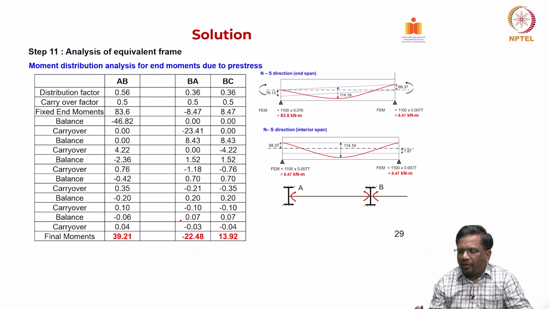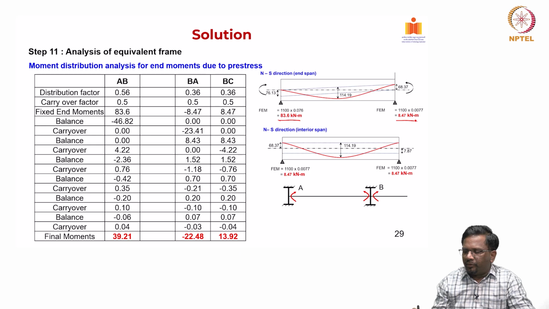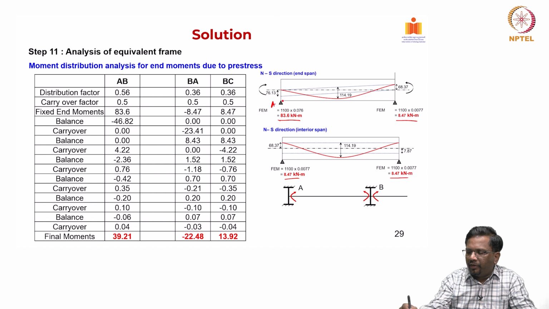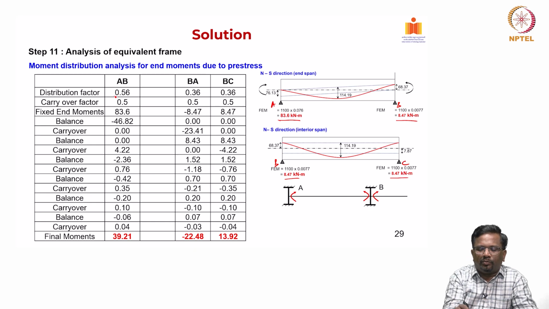Now, we are again taking this. So, you can see in the north to south direction I get 83.6 and 8.47 fixed end moment, then the interior span I get 8.4 and 8.4. So, if you take this as A, this as B, this B and this is C. So, we do that, we have previously calculated your distribution factor as 0.56 and 0.36 and 0.6.